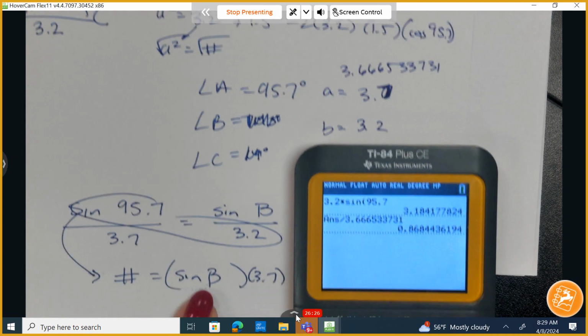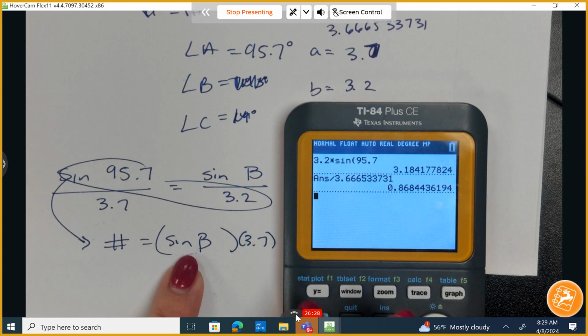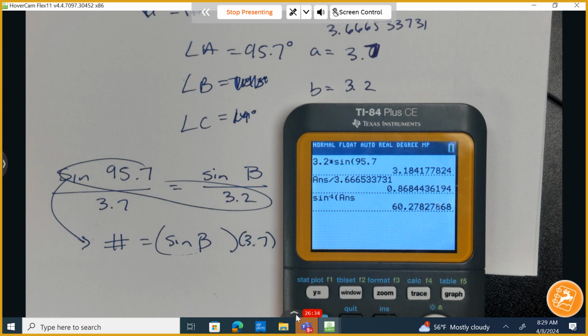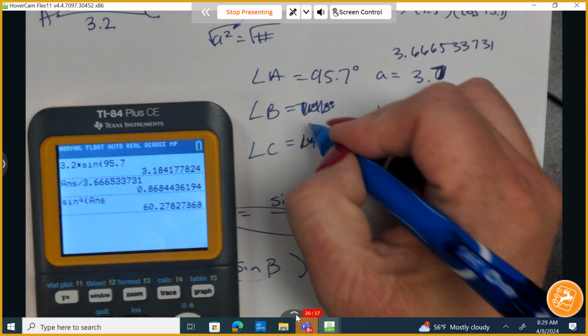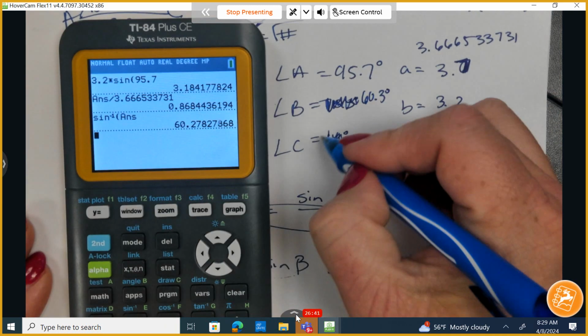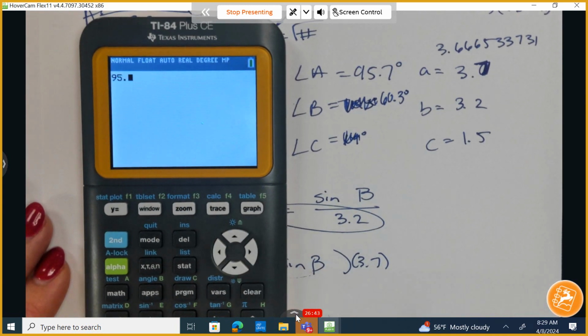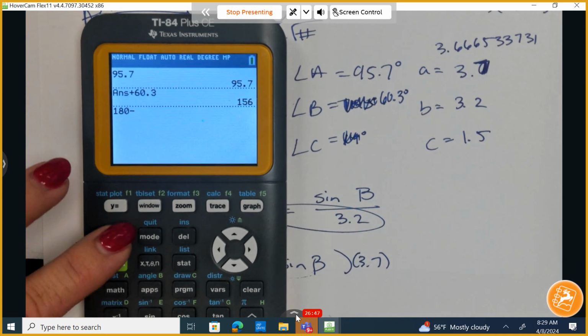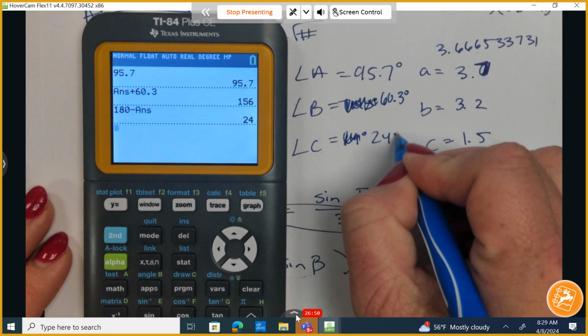Now to find this angle, this is looking different. To find this angle, I'm going to go second sine, second answer. There's the 60.3. Okay, who had 60.3? All right, I don't know what I plugged in wrong, but 60.3 degrees. And to find angle C, I'm going to take 95.7 plus 60.3 and subtract that value from 180. 24 degrees.